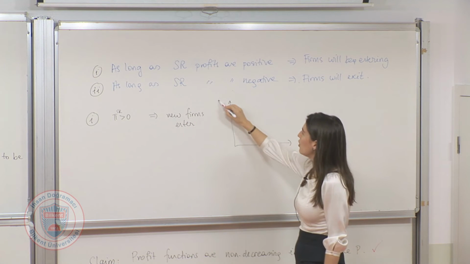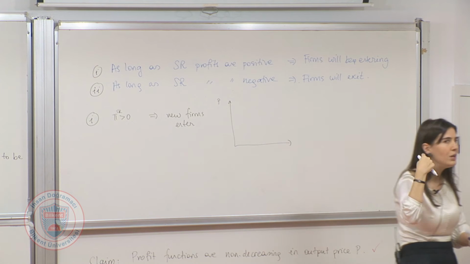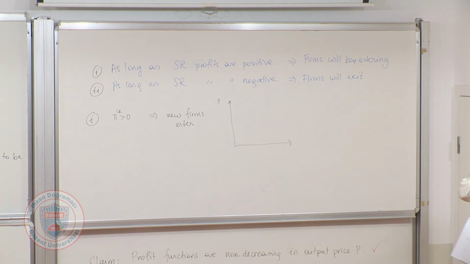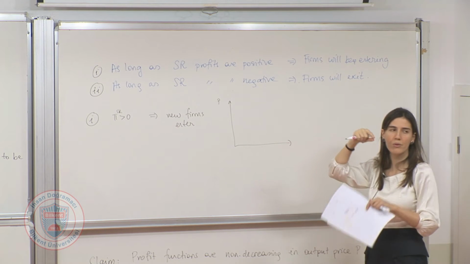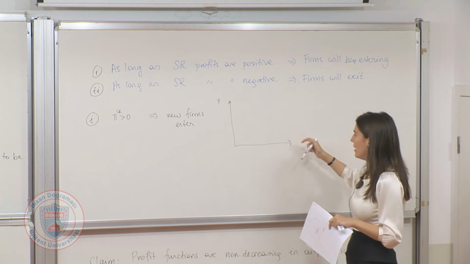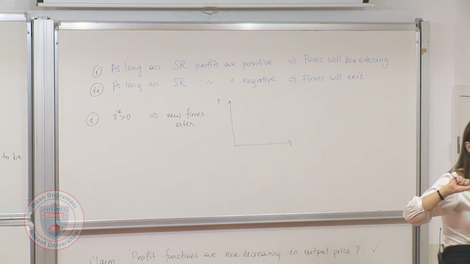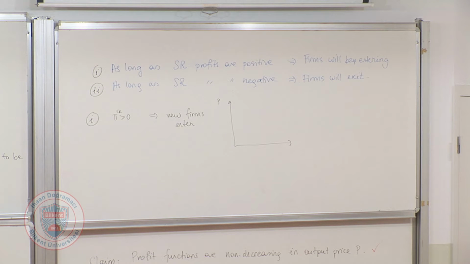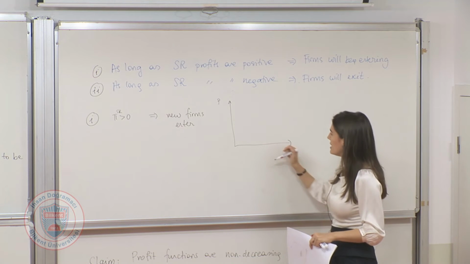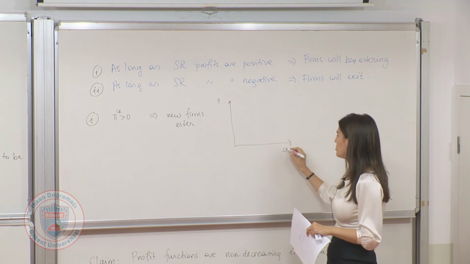So let me draw you the market, right? Remember, we know the short run supply curve of the market that we derived, right? For the very short run. Now you'll see we're going to derive the long run one. But in order to derive the long run, we should always keep track of what's happening in the short run in this market and when will things stop moving, okay? So let's put Q here, right?